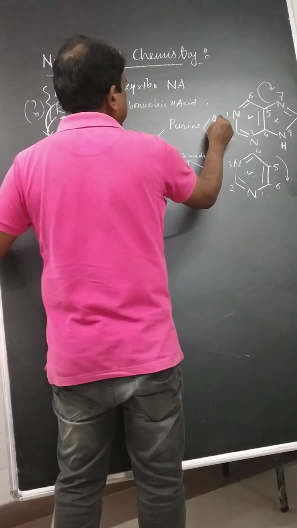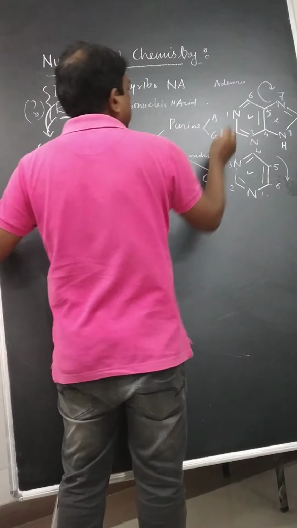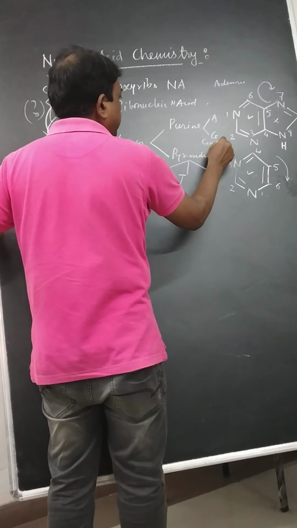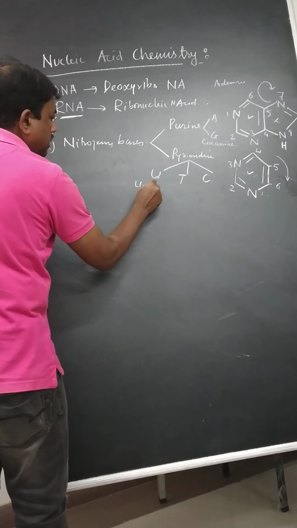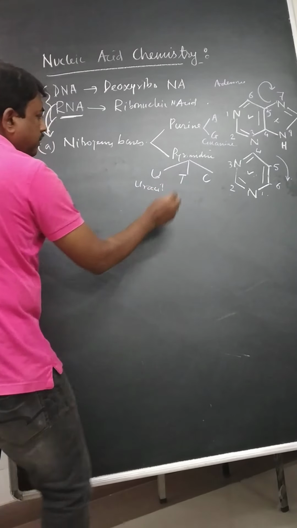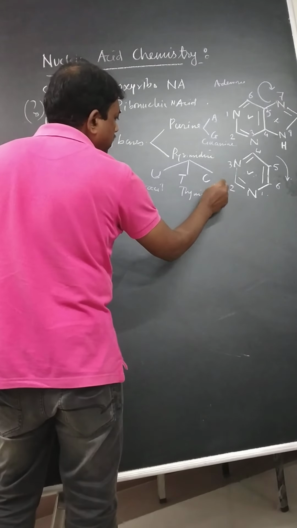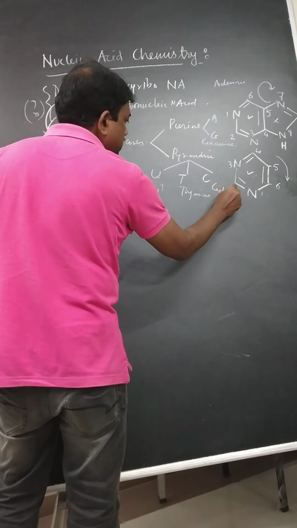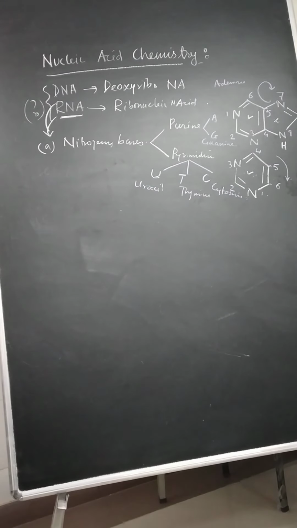So A means adenine, G means guanine, U means uracil, T means thymine, and C means cytosine. So these are the 5 bases which are present in DNAs and RNAs.